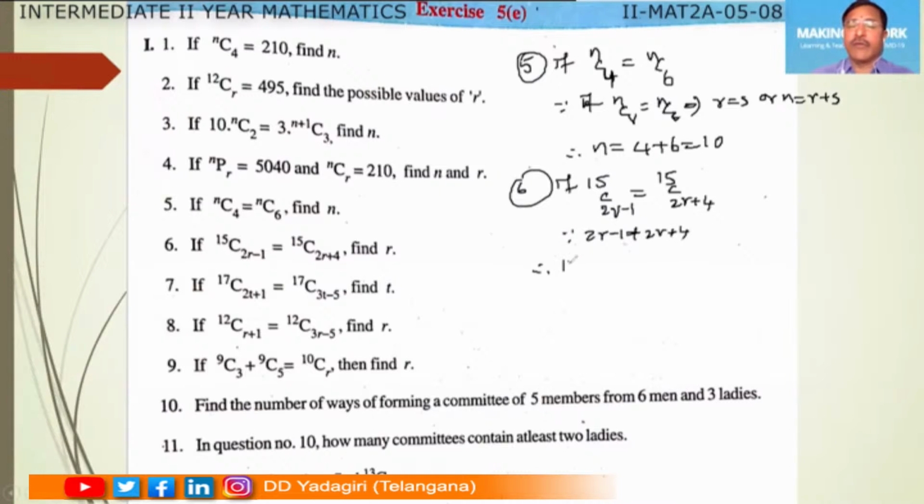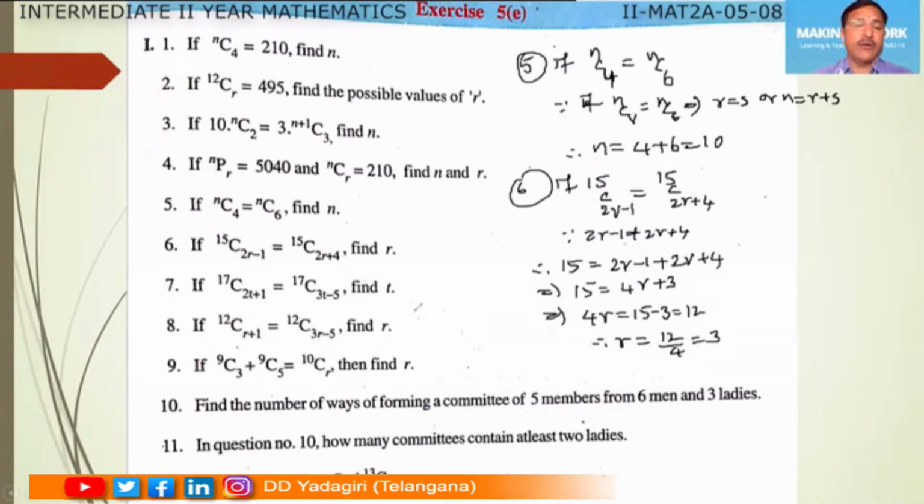So therefore, 15 must be equal to, from this formula, n is equal to R plus S. 2R minus 1 plus 2R plus 4. So this implies what? 15 is equal to 4R plus 3. Now 4R is equal to 15 minus 3 is equal to 12. Therefore, R is equal to 12 by 4 is equal to 3. The value of R here is 3.